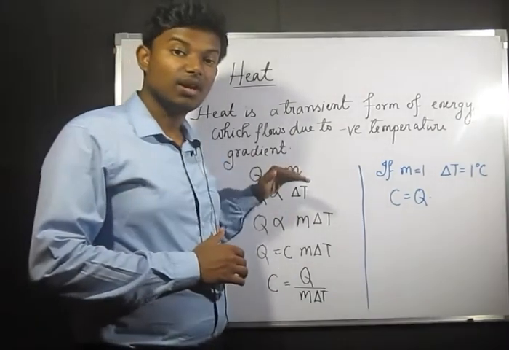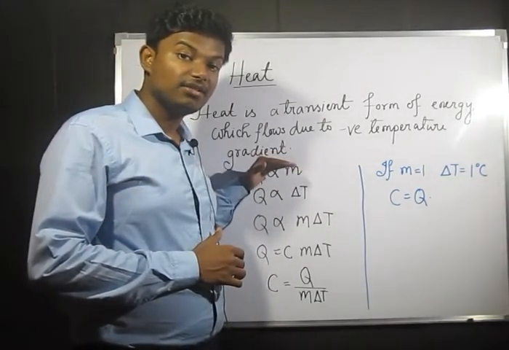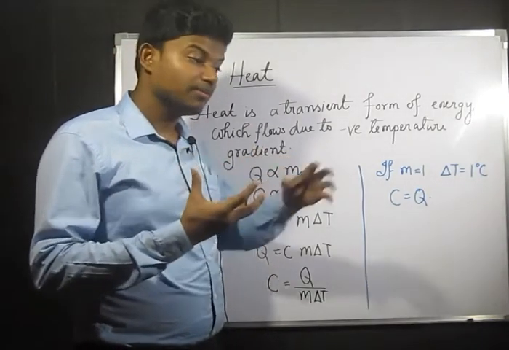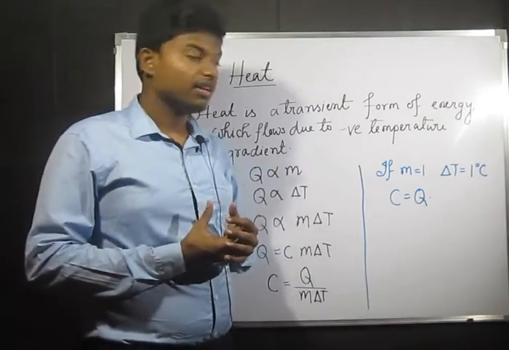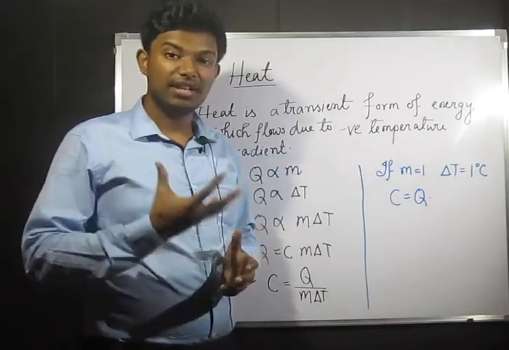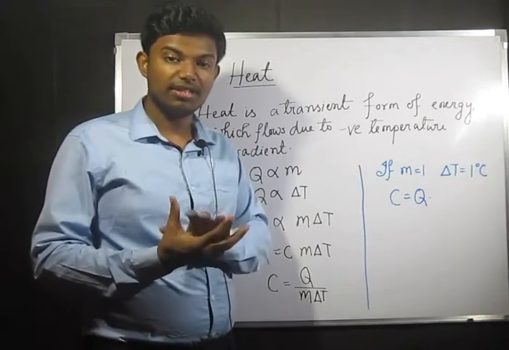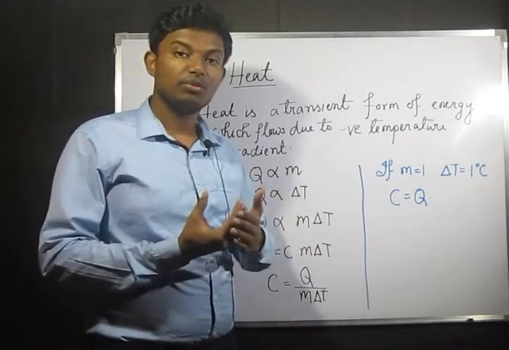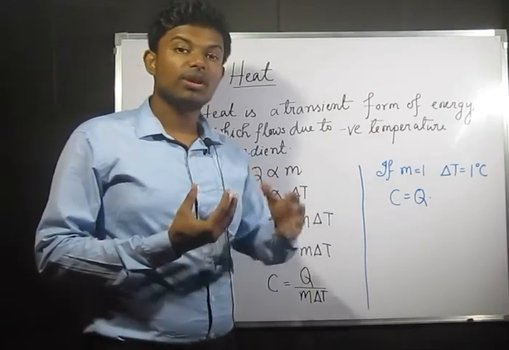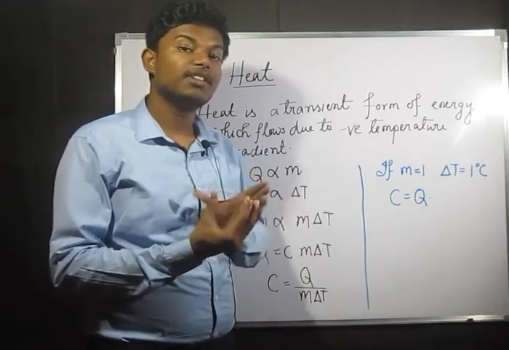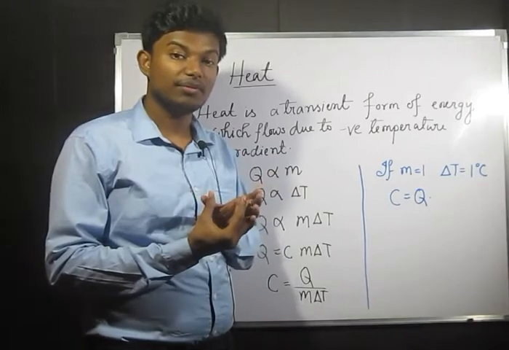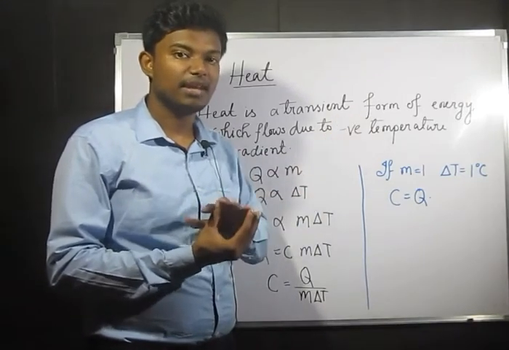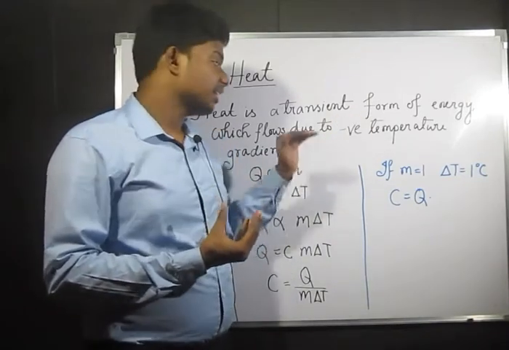Now gradient is the difference of the same property between two different places. If the temperature of a certain body at this place is at a certain temperature, and on the other side of the body that property has a different value, then the difference of that same property, that is temperature, is known as gradient.